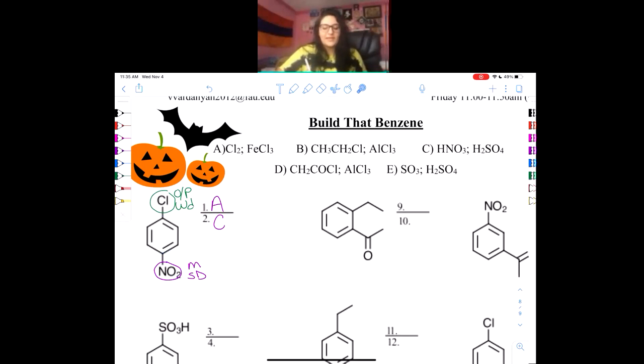If we had added NO2 first, so like we had a blank benzene ring and we add NO2, there's no way that the chlorine could be added para because we know NO2 is a meta-director. So since they're para to one another, we know that chlorine was added to the benzene ring first, and then after chlorine was added, then NO2 was added. Does that make a little bit more sense? Oh, yeah, I see. Thank you. Good, you're very welcome.